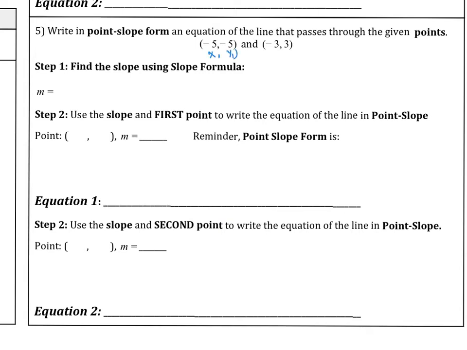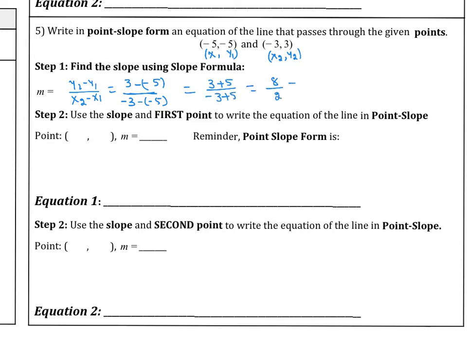Question number 5 is done the same way. You're going to choose x1, y1 and x2, y2 and apply the slope formula, y2 minus y1 over x2 minus x1. That is 3 minus -5 divided by -3 minus -5. So on the top you get 3 plus 5, and on the bottom -3 plus 5.